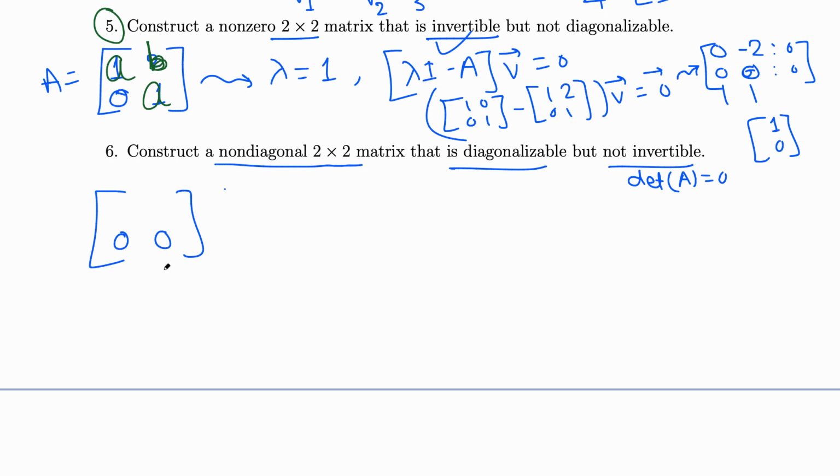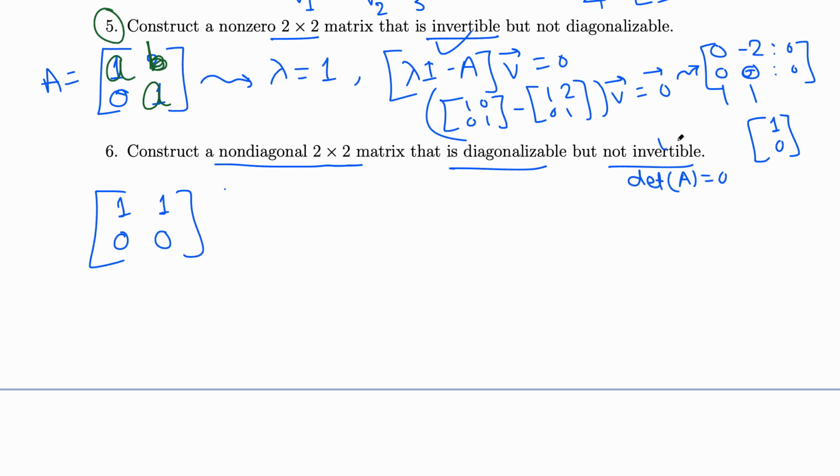How about if we write 0 0, then any number here, let's say 1 1. So this is not a diagonal matrix, it's non-diagonal, obviously. That is diagonalizable but not invertible.